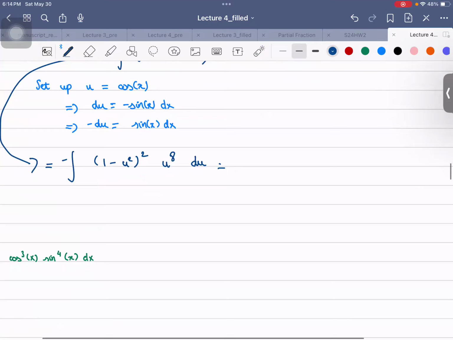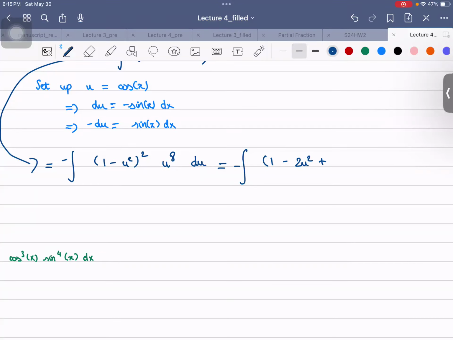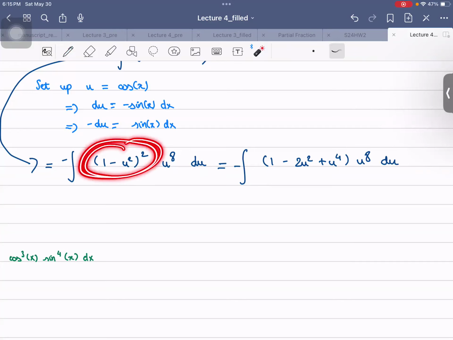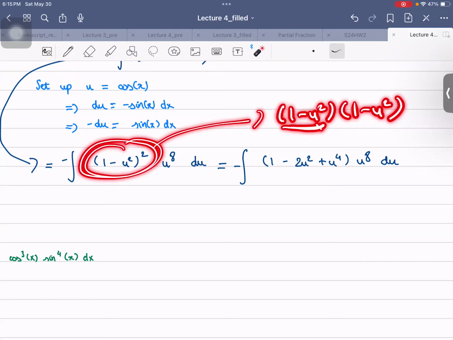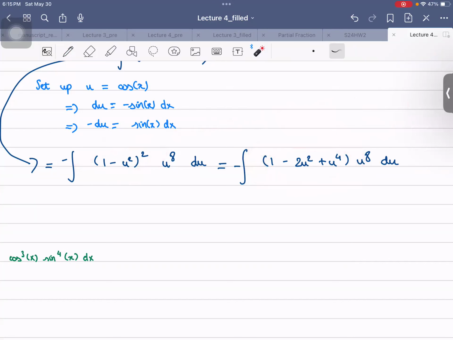Now we're going to expand the square that we have. You're going to have 1 minus 2u squared plus u to the power of 4, times u to the power of a du. You can check this by using 1 minus u squared times 1 minus u squared. When you distribute these two parentheses, you get 1 minus 2u squared plus u to the power of 4.